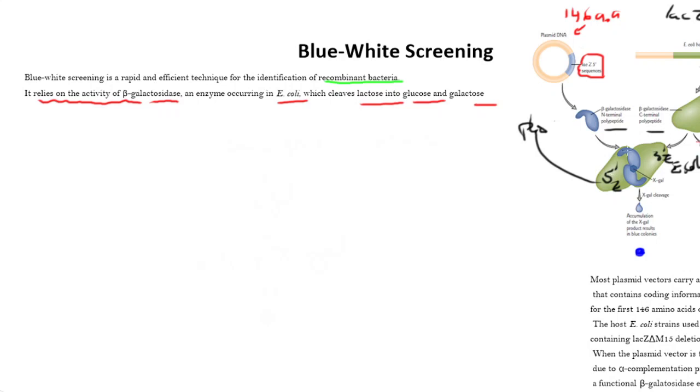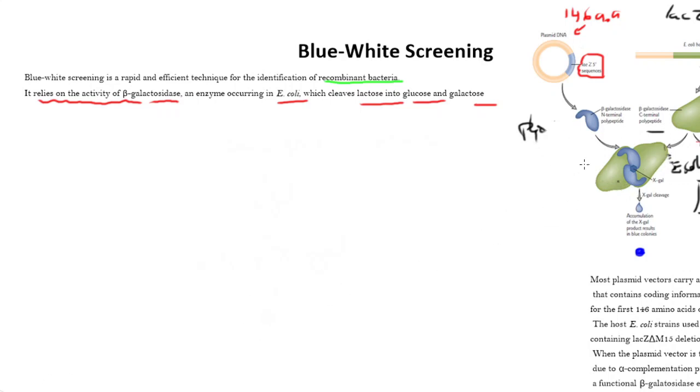If those two don't come together, then we are going to have no X-gal in the solution interacting with beta galactosidase. As a result, our colonies are going to remain white.